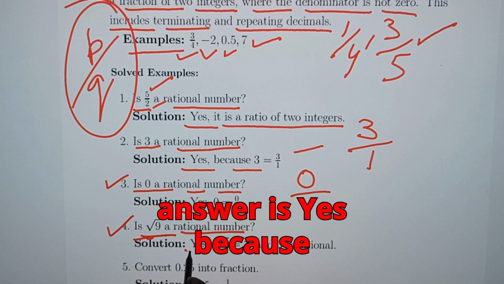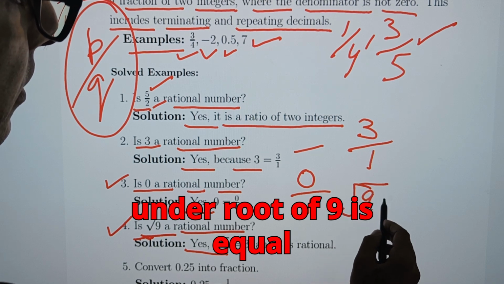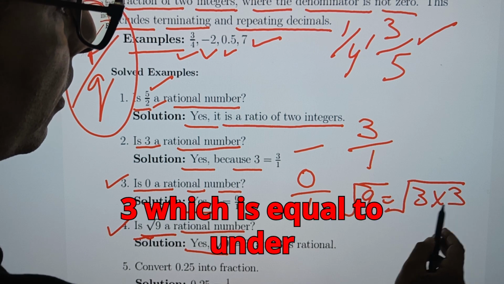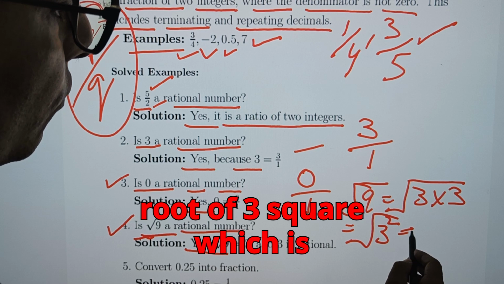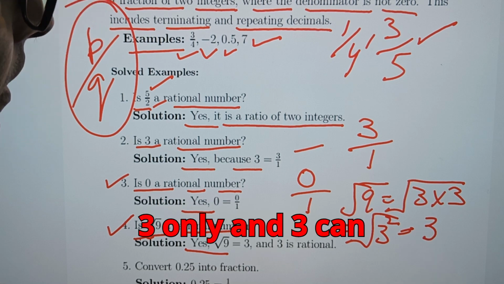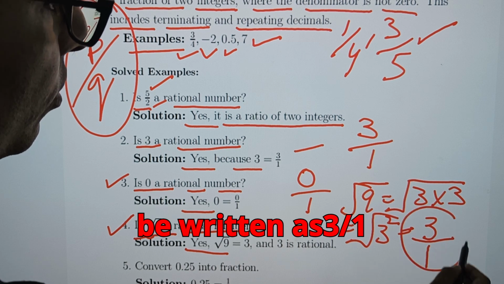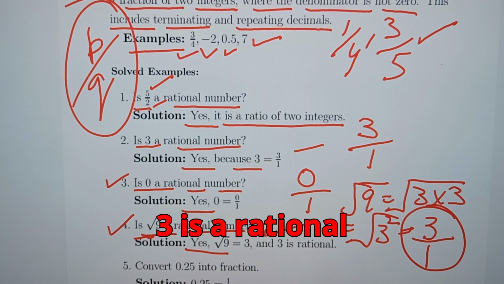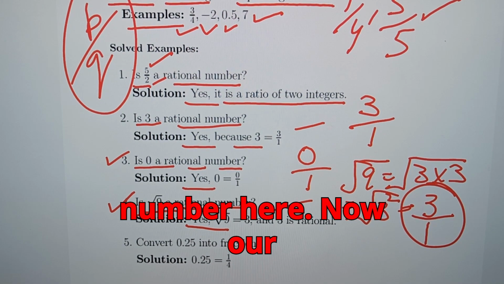Our answer is yes, because under root of 9 is equal to under root of 3 into 3, which is equal to under root of 3 square, which is 3 only, and 3 can be written as 3 upon 1. Therefore we can say that 3 is a rational number here.